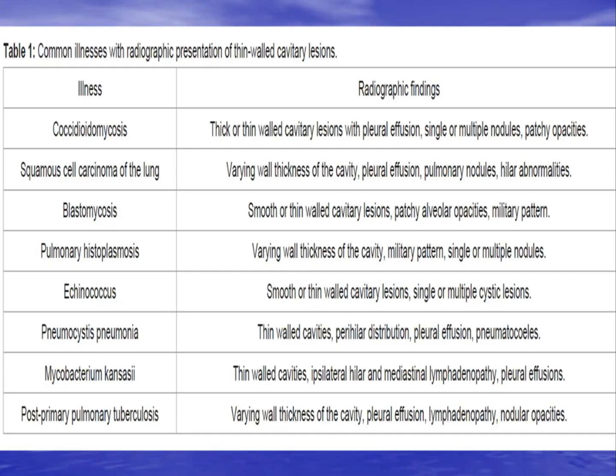So this is the case we published, and we did the whole differential of a thin-walled cavity, and cocci is the key point, but other things can do it, including pneumocystis, by the way. That's a real weird one, and we had a case of that with thin-walled cavity nodules, echinococcus, and then other fungi and mycobacterium, and even TB. Next.